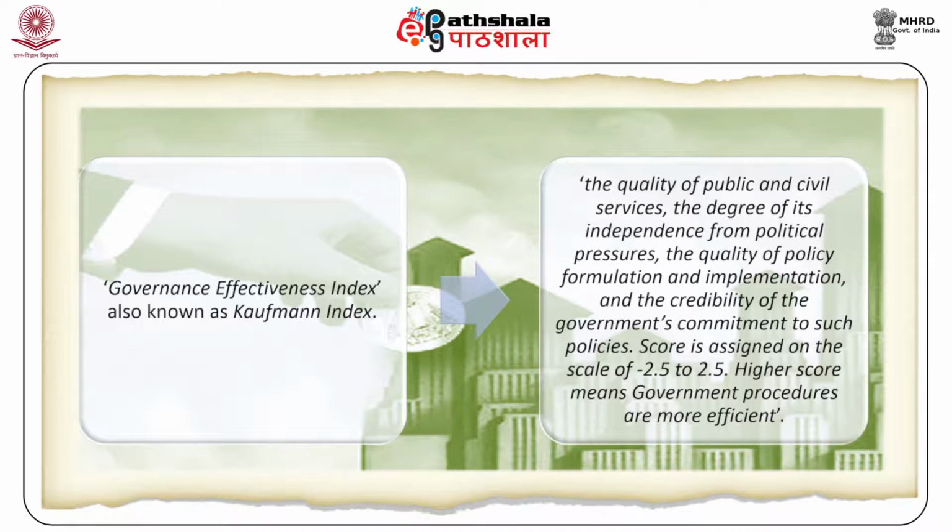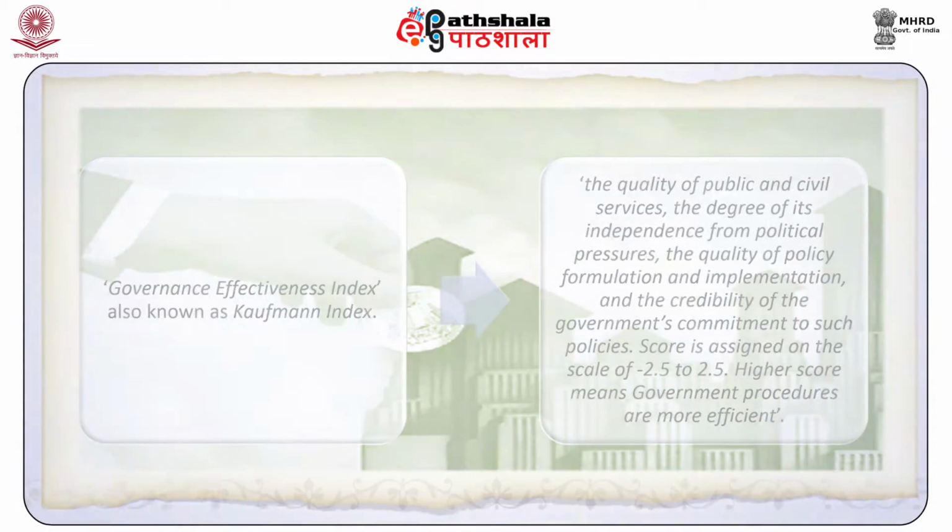Score is assigned on the scale of -2.5 to +2.5. A higher score means government procedures are more efficient. Common wisdom would suggest that higher FDI flows are a reflection of good practice in government policy and corporate governance.